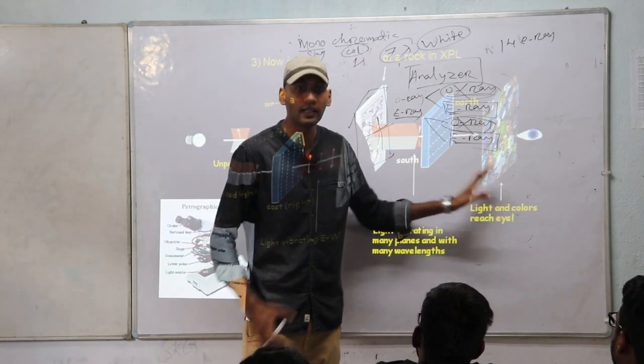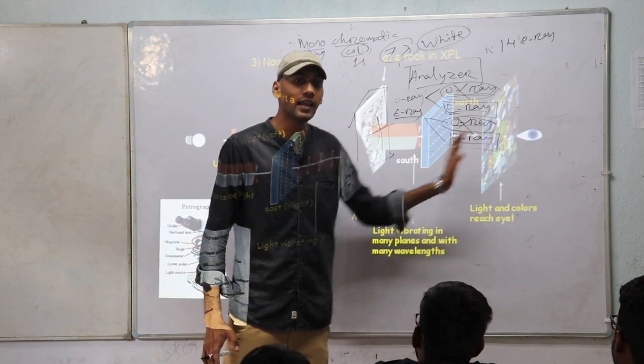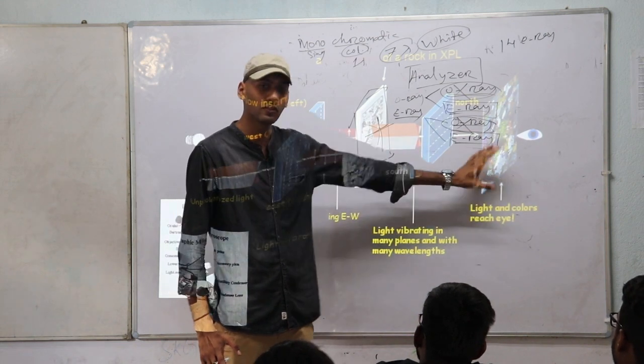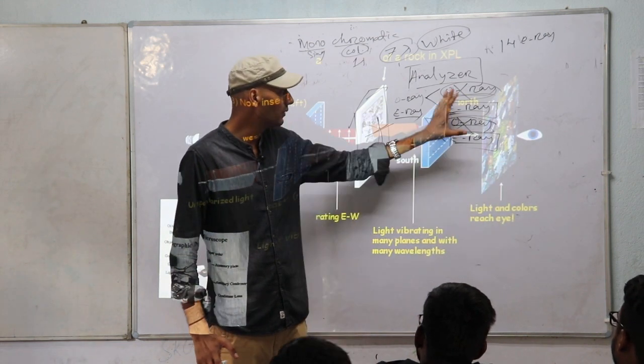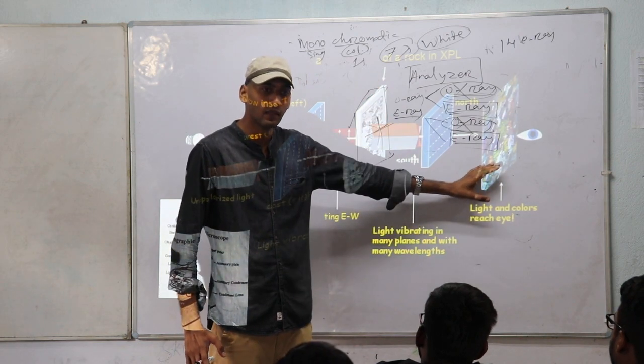If it interferes, some light rays pass through the analyzer. Extinct means all of the light rays are stopped behind the analyzer and cannot pass through, right? All of the 7 wavelengths are not passing through the analyzer.